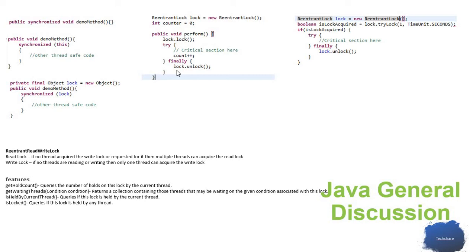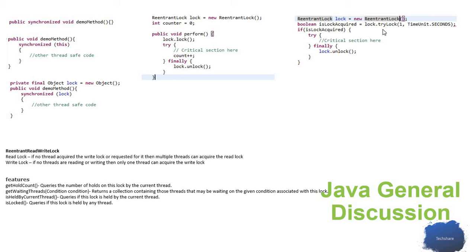So let's get back to the point. As I said, what is the difference between this and this? There's nothing, right? So how are we going to overcome all these drawbacks we discussed about synchronized? There is a way to do that. Let's say I am going to use tryLock.